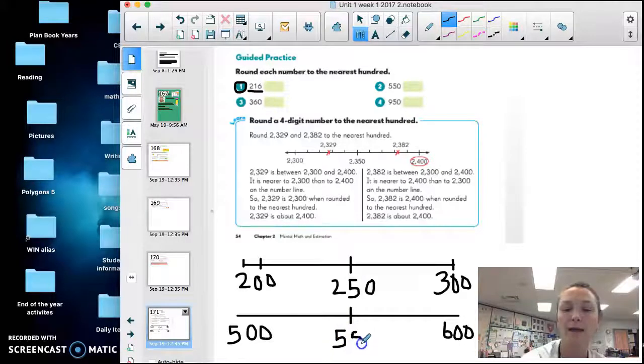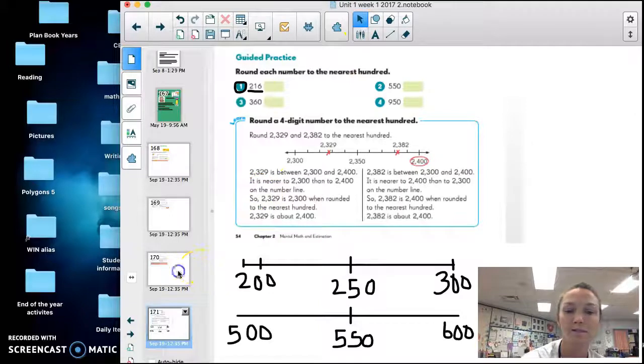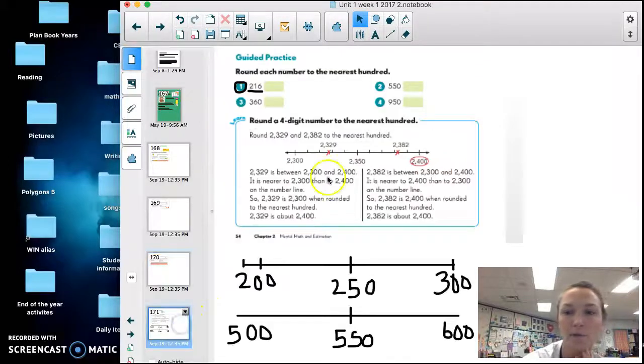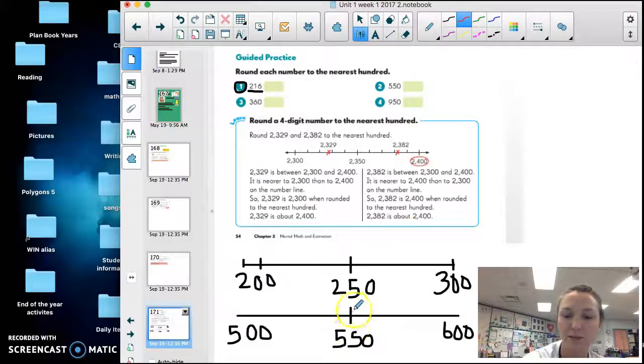And if we remember from the slide right before this, it said that if it's exactly halfway, you always round up. So let's take a look again. The number is 550. 550 is right there, and we're going to round up. So what is your answer for number 2? And then try number 3 and number 4. And then you're going to turn in your answers for number 1, 2, 3, and 4.